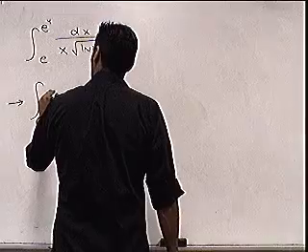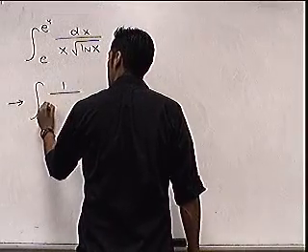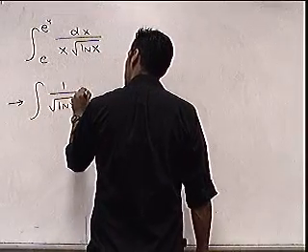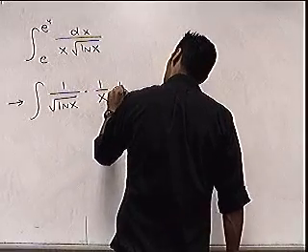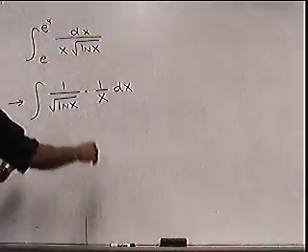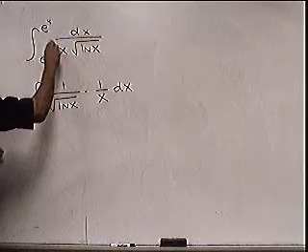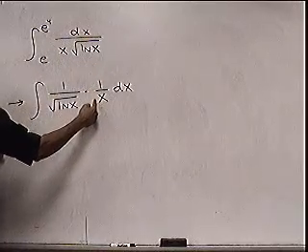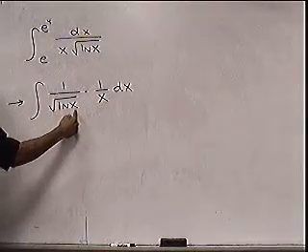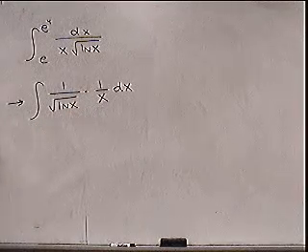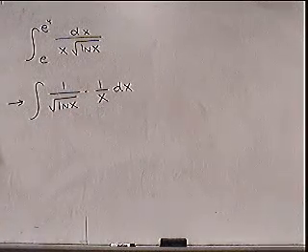If I rewrite this as 1 over the square root of natural log of x times 1 over x dx, all I've done is pull the dx out. The x on the bottom, I pulled out as a 1 over x. And that's great because the derivative of natural log of x is 1 over x. So now I see something in its derivative there.